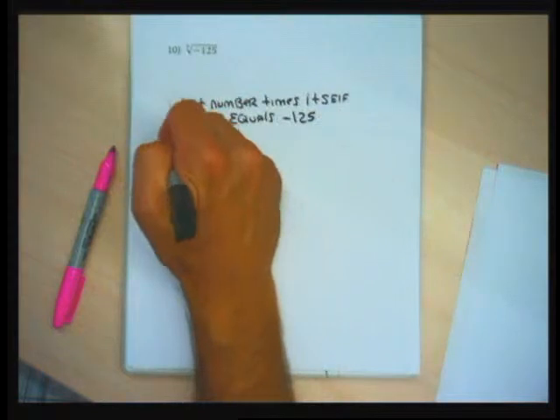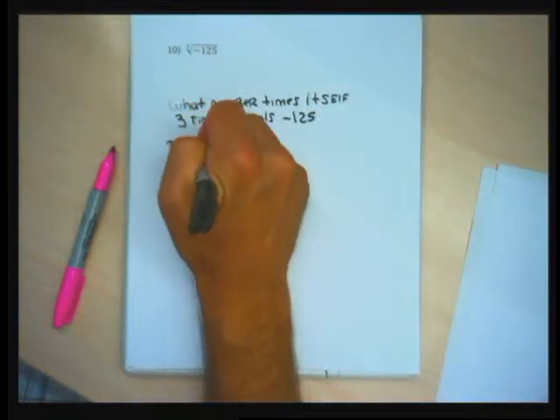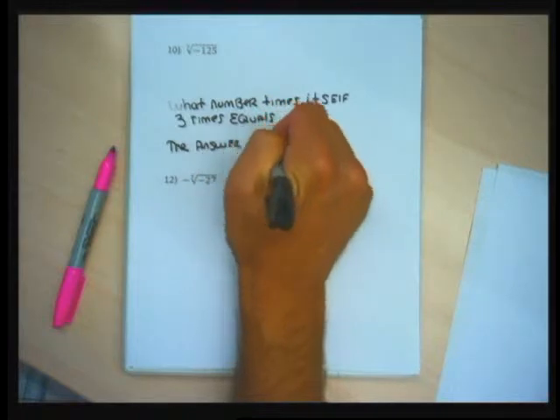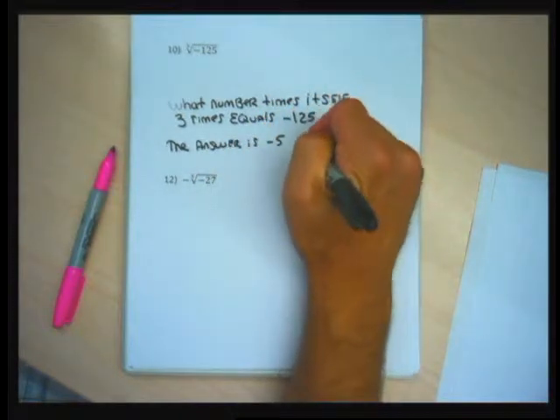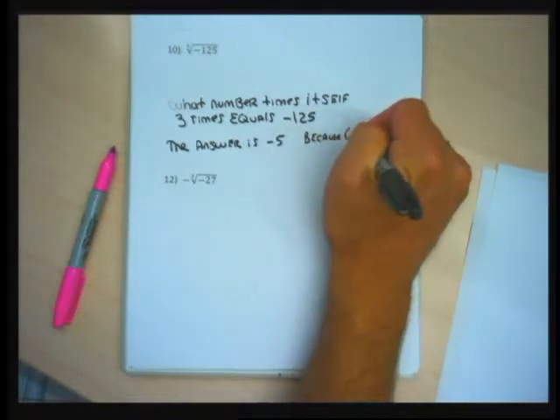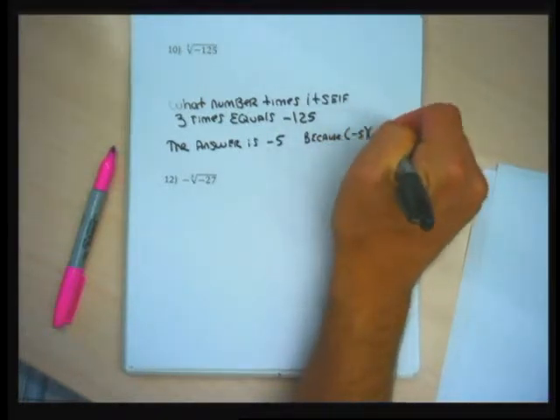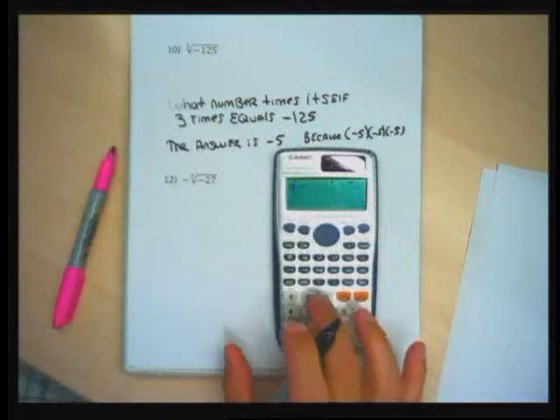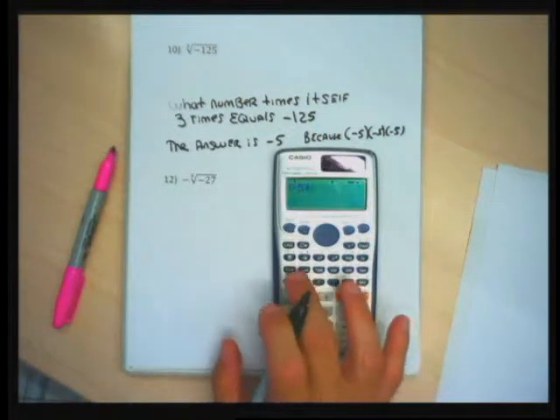The answer is negative 5, because if you multiply negative 5 times negative 5 times negative 5, you get negative 125. So the answer to this is going to be a negative number.